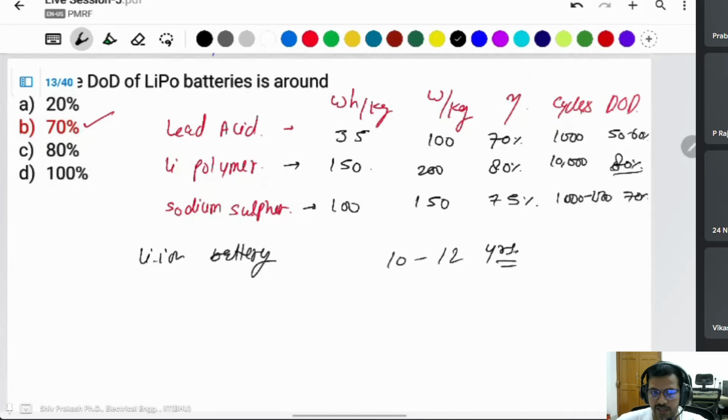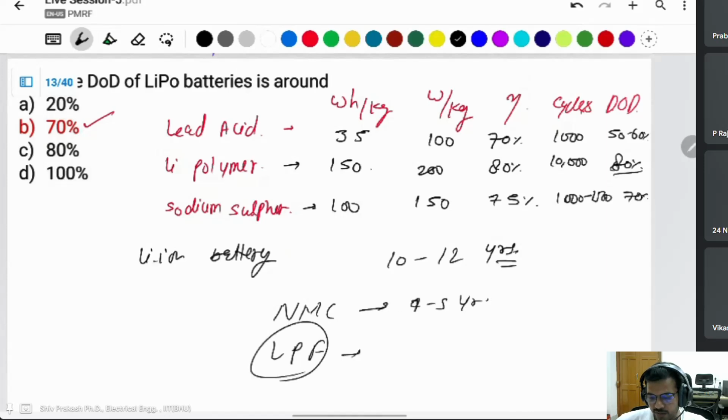Normal lithium-ion batteries have two cell types, NMC and LFP. LFP is somewhat costly. NMC lasts 4 to 5 years, but this one is 10 to 12 years. Both are lithium-ion batteries.